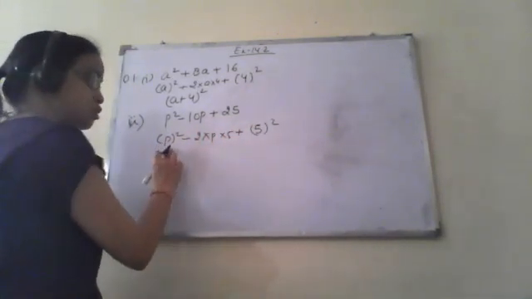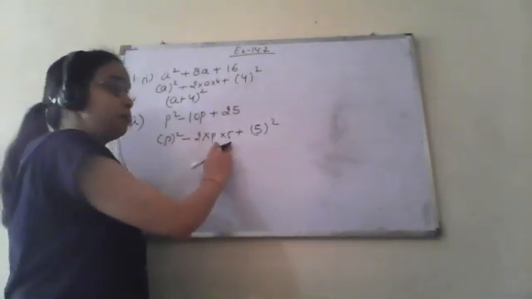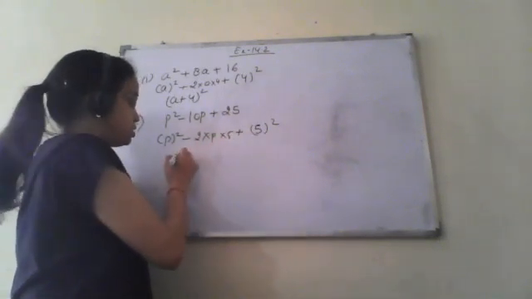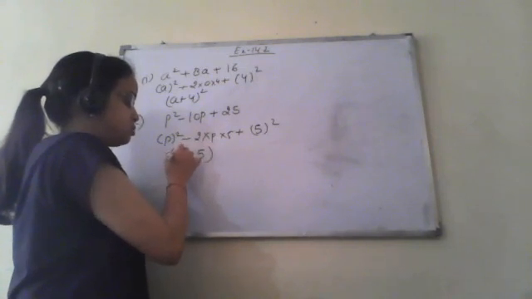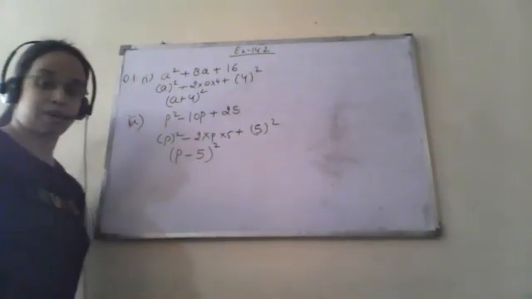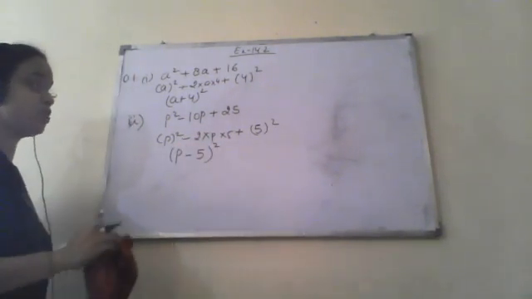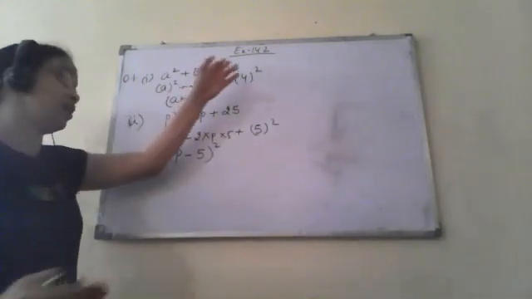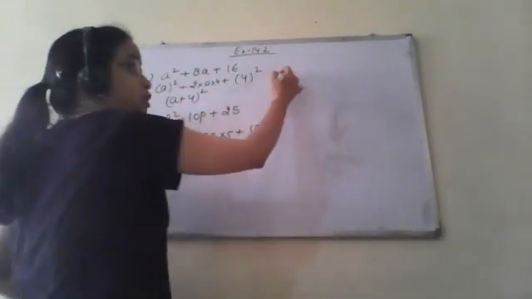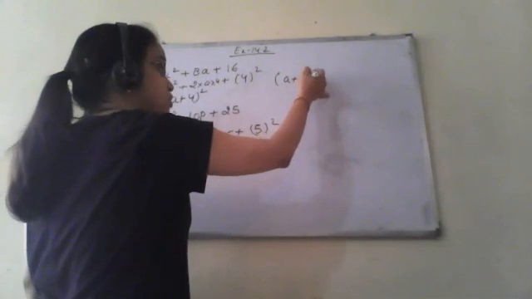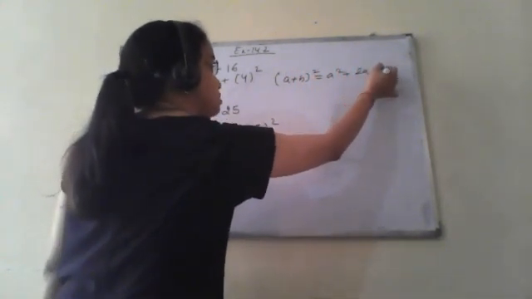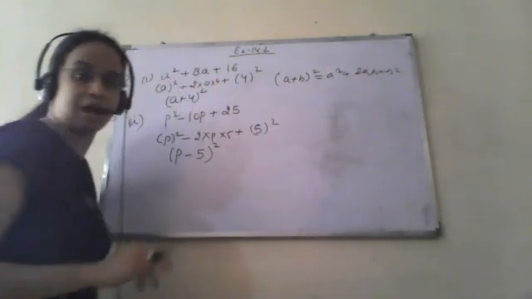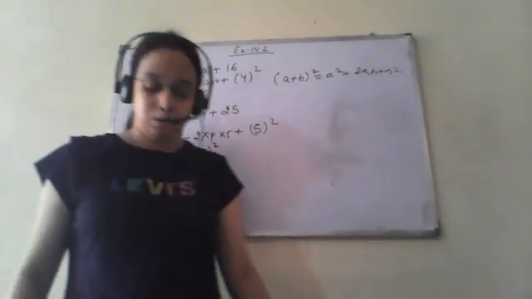So this is a square, we have minus 2ab, and we have b square. So it is a minus b, that is p minus 5 whole square. While attempting the questions, you do have to write the identities. Like in this case, we have used a plus b whole square, which is a square plus 2ab plus b square. So you have to mention which identity you are using.